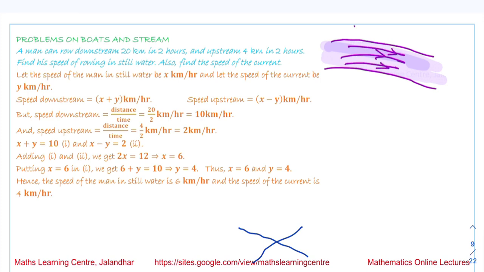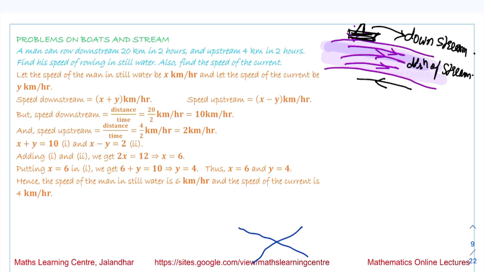Suppose we have a boat like this, and it is moving in the direction of water, then this is called downstream. And if our boat is moving in the opposite direction of the stream, in which the water is flowing, then it is called upstream.